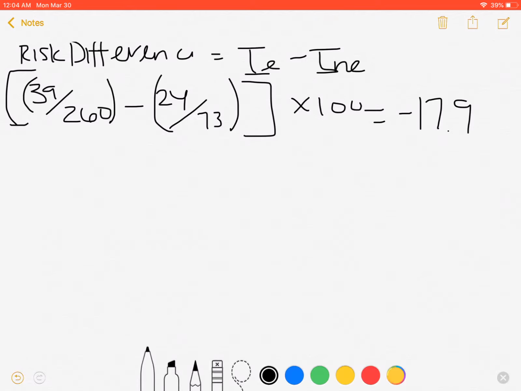So how do we interpret this? Negative 17.9. What does that mean?